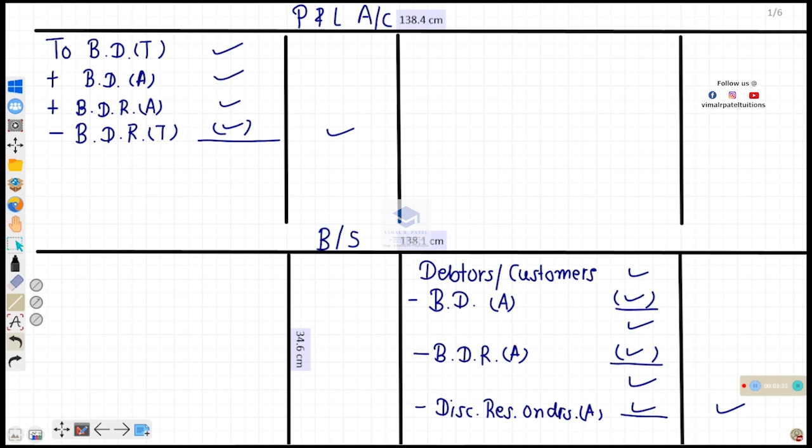Now, in case the amount will be negative, if you are adding bad debt reserve and then subtracting bad debt reserve, then the amount comes negative, then you should transfer it on the credit side as bad debt reserve.